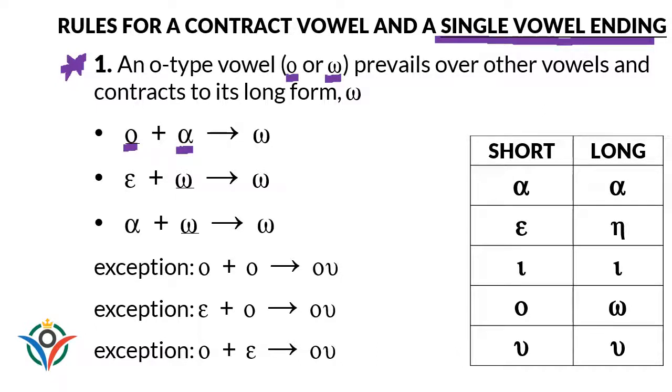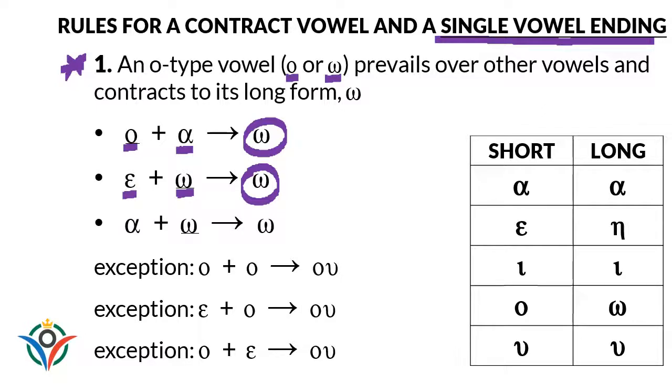The O-type vowel is going to prevail in its long form. So we have an omega. The second example, the contract vowel is an epsilon. The vowel of the verb ending is an omega. So when they meet, the long form, omega, is going to prevail.